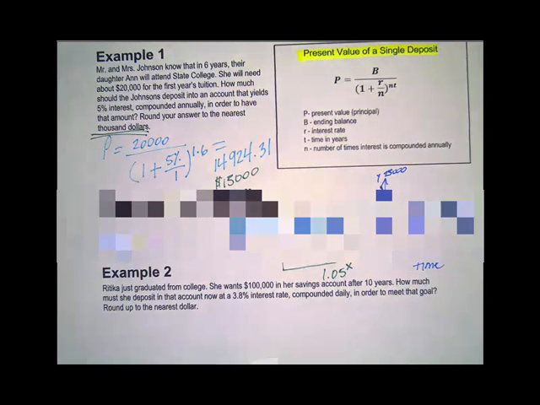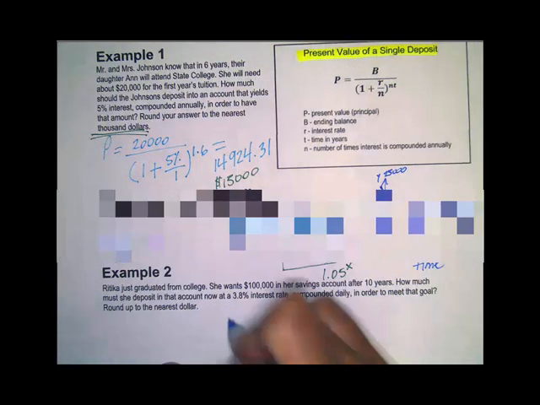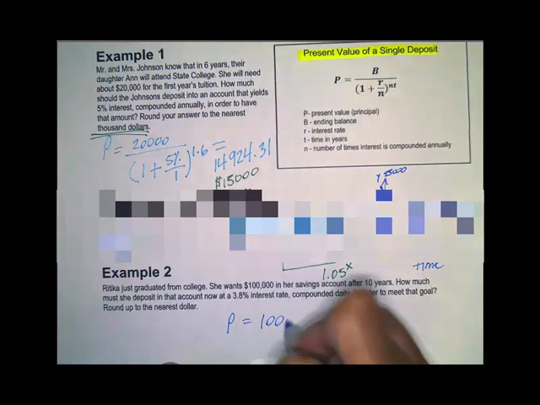So P is the present value. That's the amount right now. And they want to know how much must she deposit. So B is your ending balance. And so we want P equals 100,000. Make sure you have enough zeros.